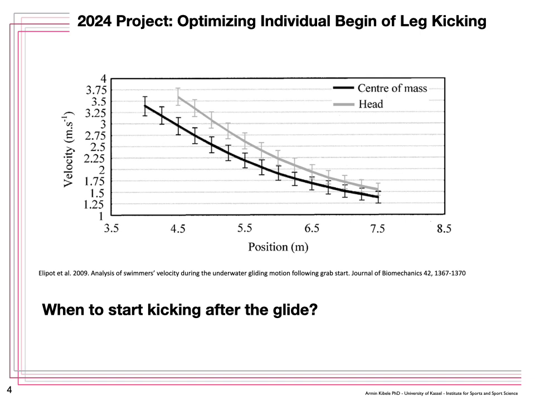In a follow-up study in 2009, Mark Elipo and colleagues examined the distance from the wall at which swimmers would reach the velocity range that was previously found by Andrew Little and colleagues.